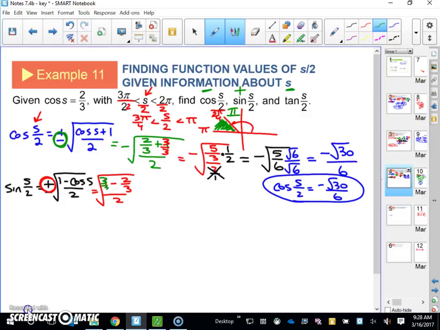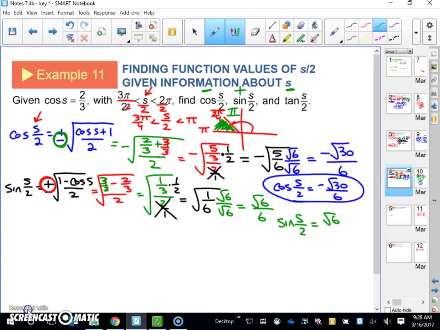Get a common denominator there because we're combining fractions. We have square root of 3 minus 2 is 1/3 all over 2. That's a fraction, and we multiply by the reciprocal in the same way as a minute ago. That gives me the square root of 1/6. Again, we rationalize the denominator, and we end up with the square root of 6 over 6. So sine s over 2 is the square root of 6 over 6.